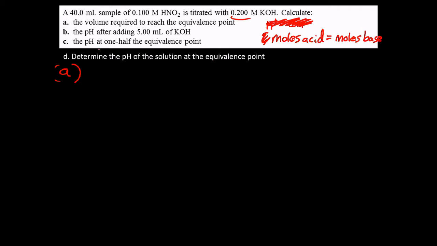So we're told in the problem that we have 40 mL of 0.1 molar nitrous acid. Now, 0.1 molar nitrous acid means we have 0.1 moles for every liter. That is literally what molarity means, the number of moles per liter. So we have 1/10 of a mole per liter. Not only that, we are told that we had 40 mL of this.